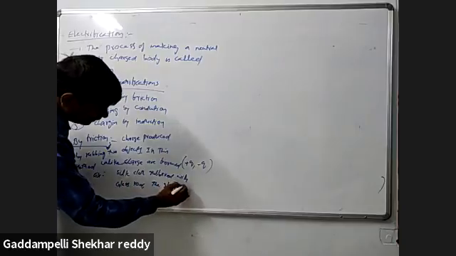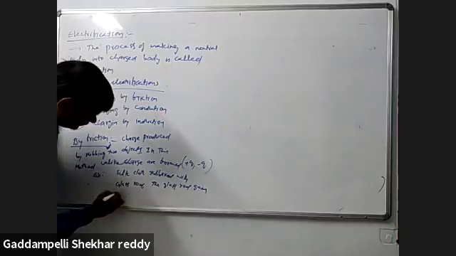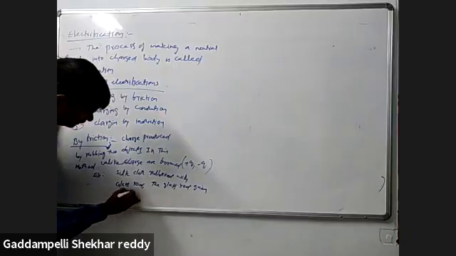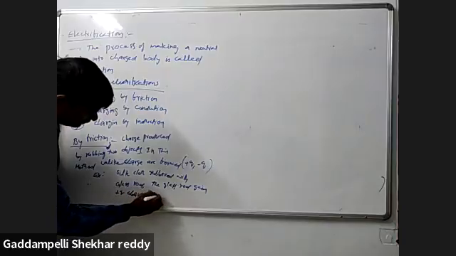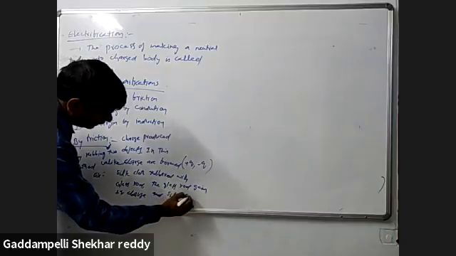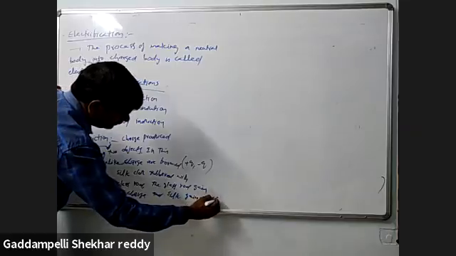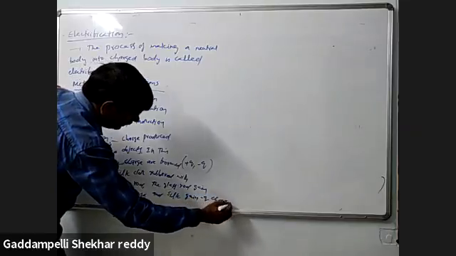The glass rod gains plus q charge and the silk gains net negative charge.